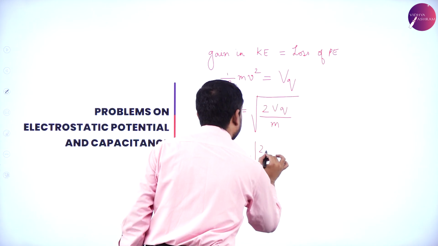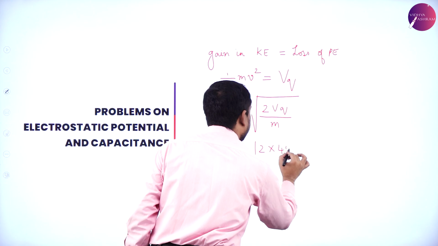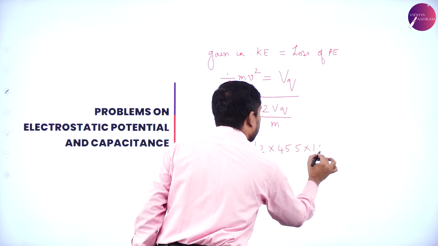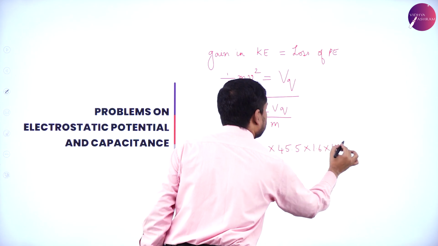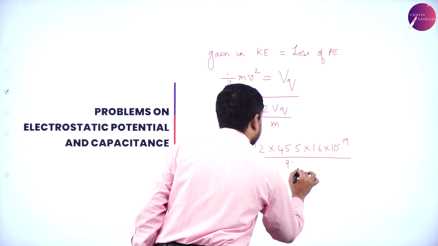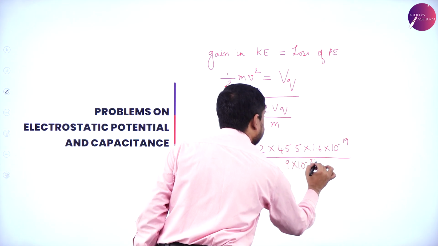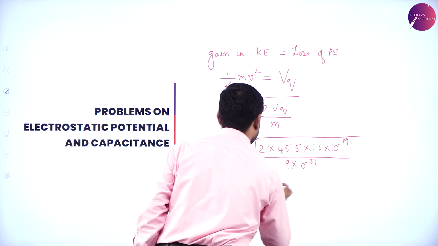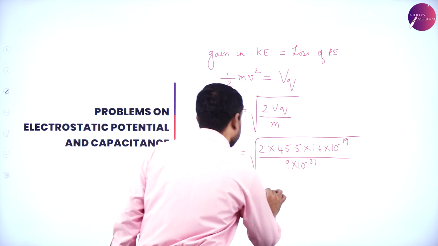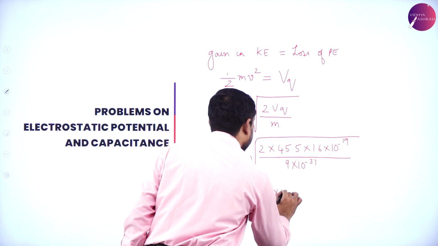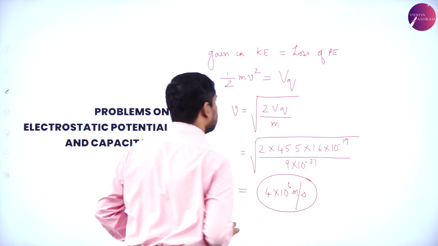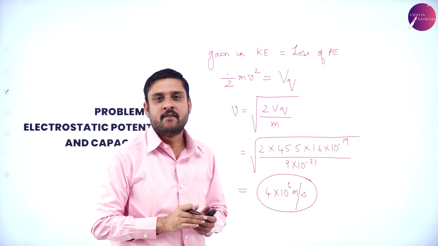So root of 2 into 45.5, charge of the electron, mass 9 into 10 power minus 31. So on simplification, this is 4 into 10 power 6 meter per second. So this will be the velocity.